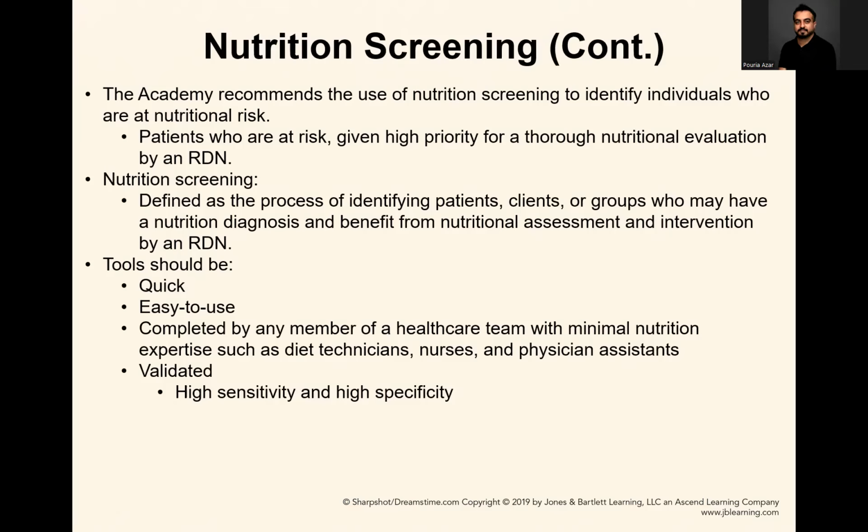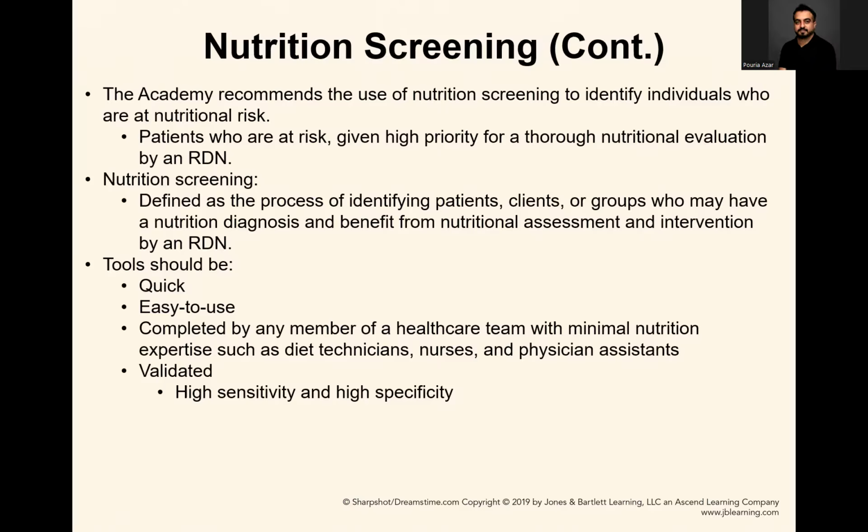These tools should be validated. In other terms, they should have high sensitivity and high specificity. The difference between sensitivity and specificity is this. When we say a tool or a measurement is highly sensitive, it means that it can accurately detect and identify those patients or those clients who are ill or sick.